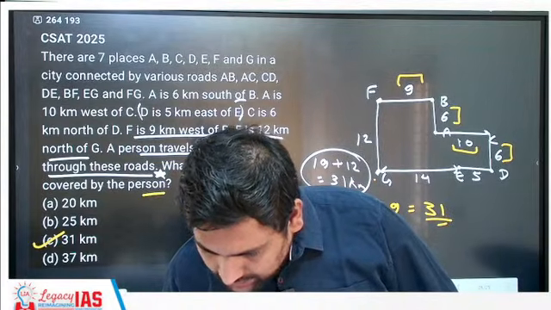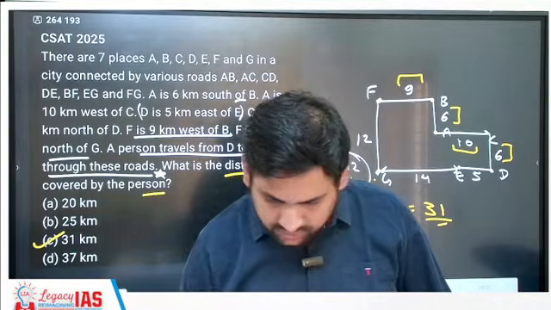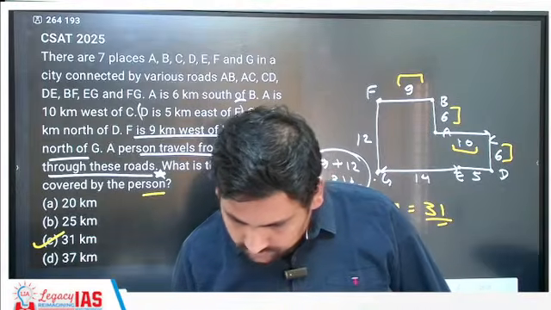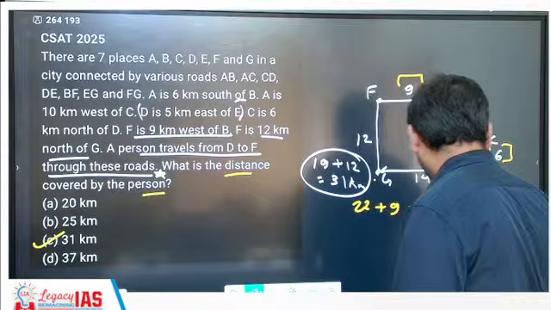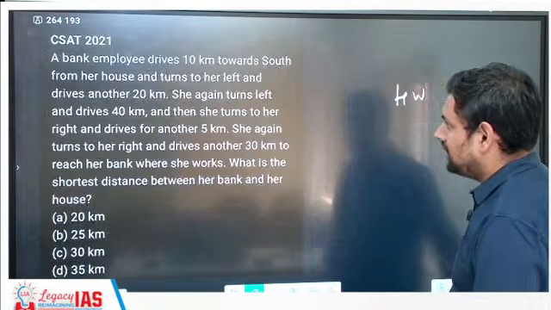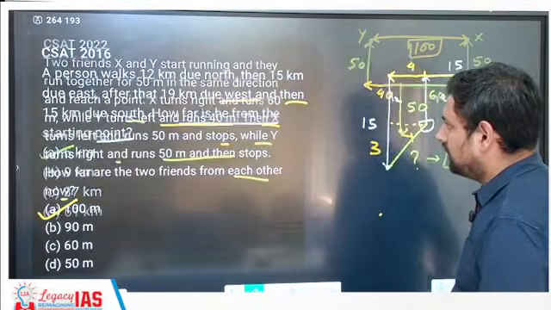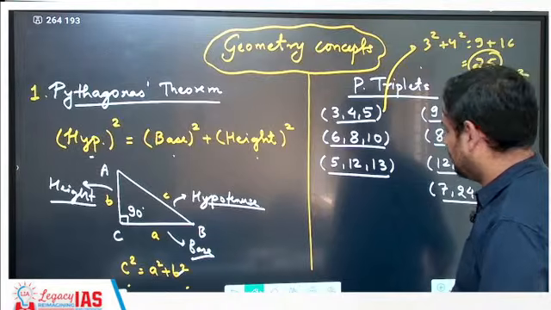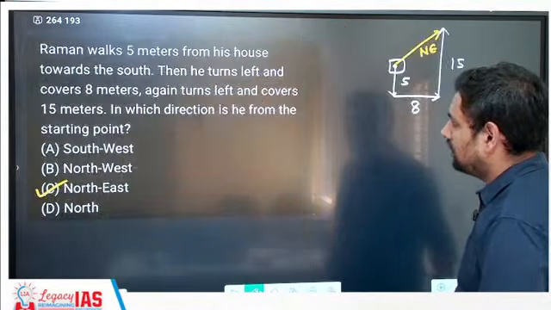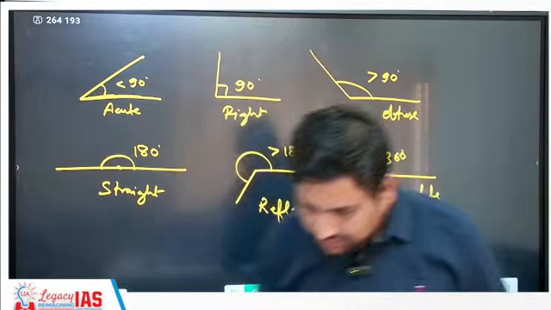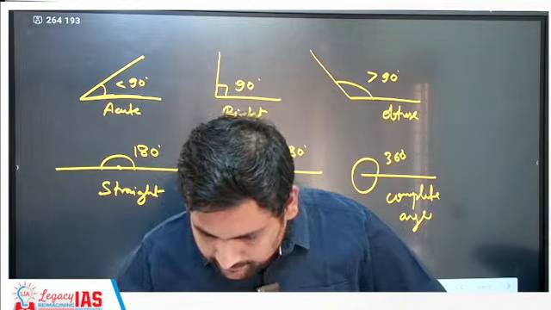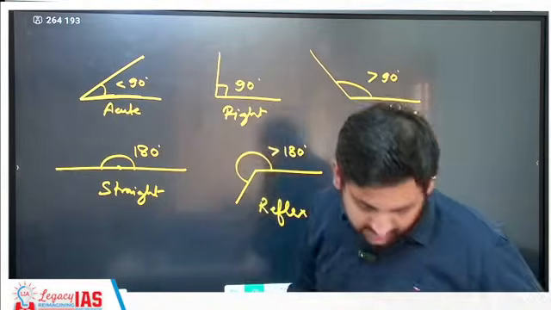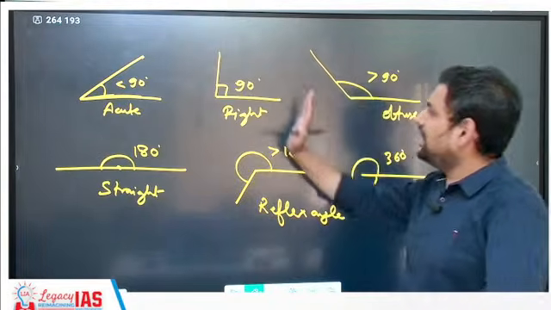Can you please repeat angles? Which angle, Satish? Different kinds of angles. So these are just different angles. Acute is less than 90°, and a right angle is exactly 90.